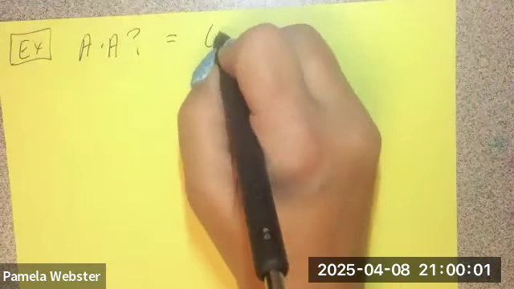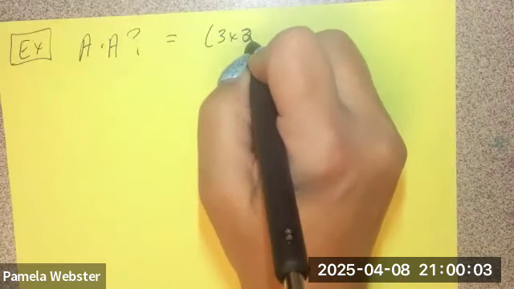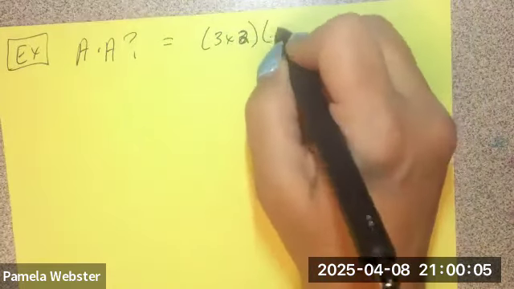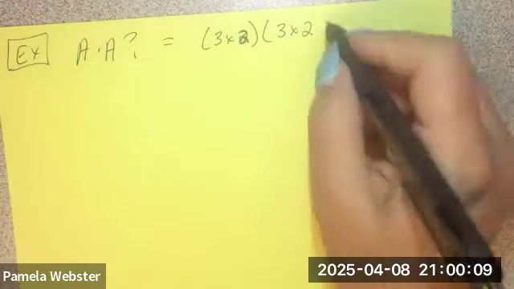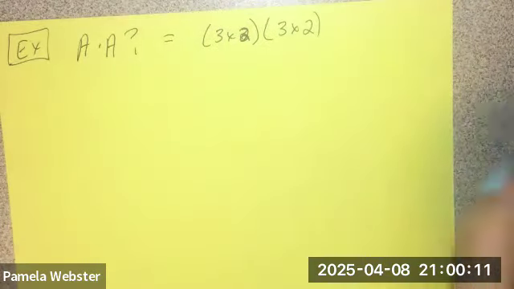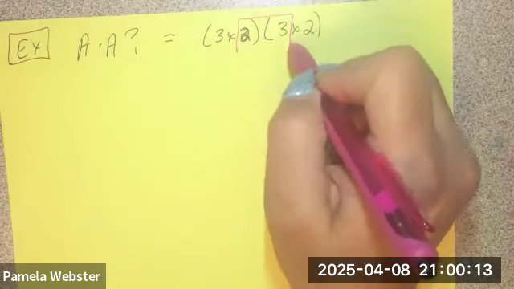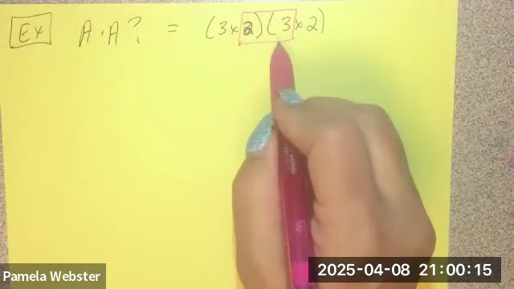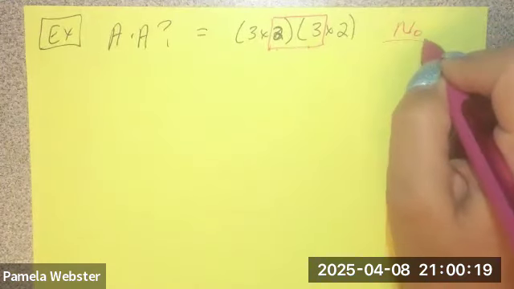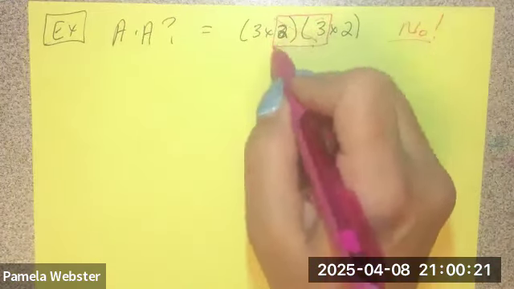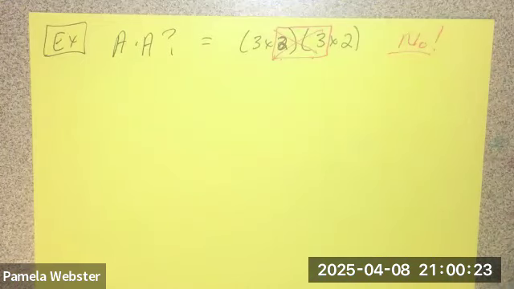So a 3 by 2 times a 3 by 2. What do you think? Close my parentheses. Look at those inside dimensions. Are the columns here the same as the rows here? I say no. They don't match. We can't multiply them.